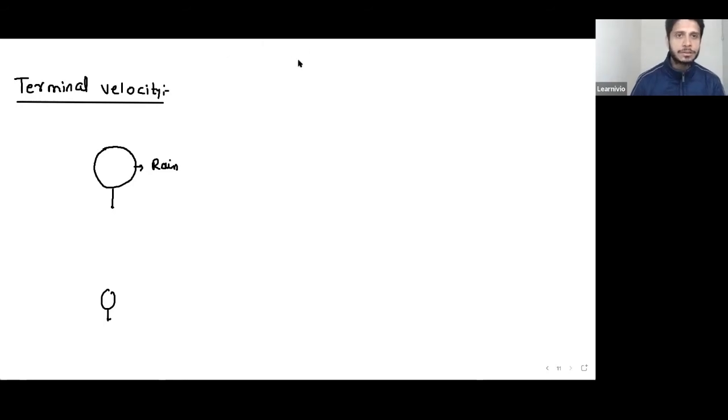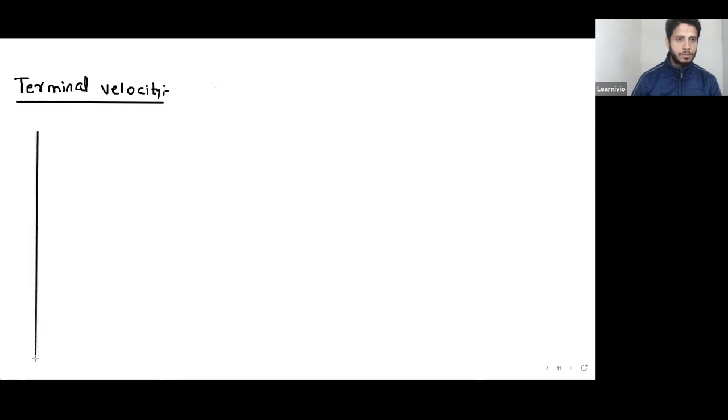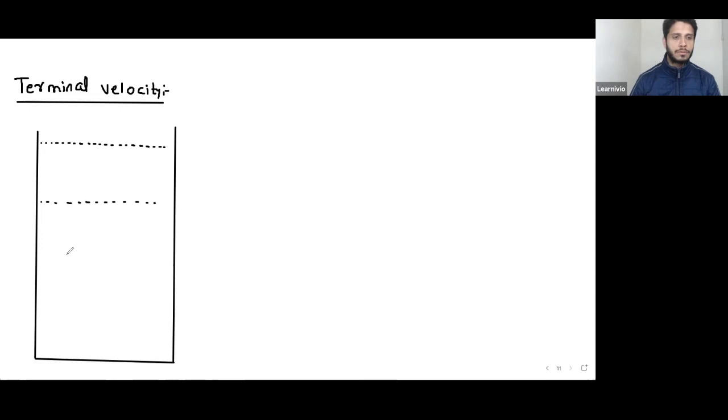So, let's consider this as a fluid. Now, when I say fluid, this could be liquid or this could be gas, anything.